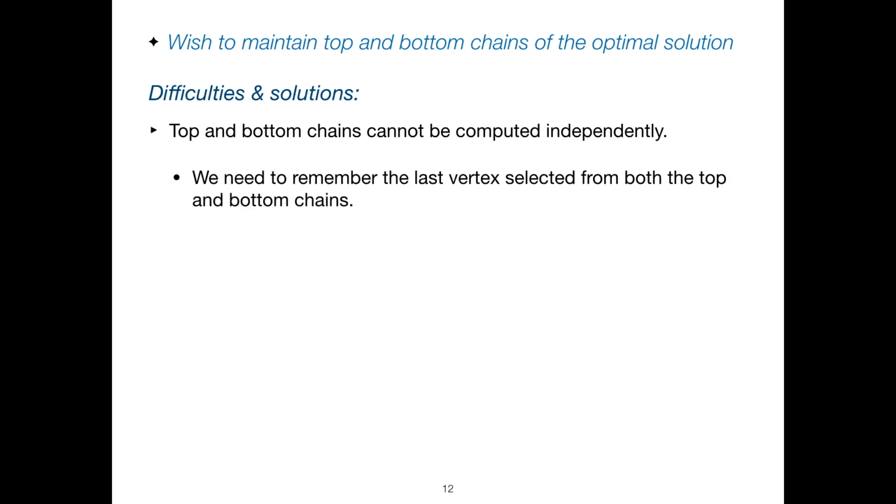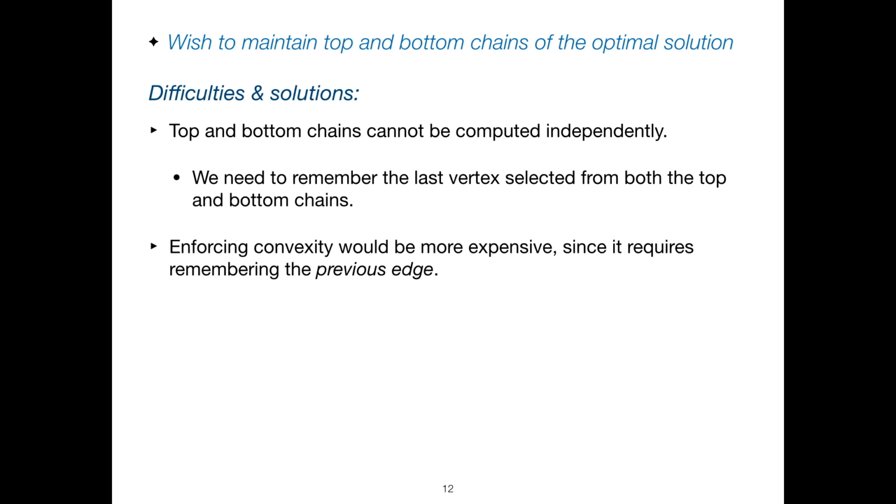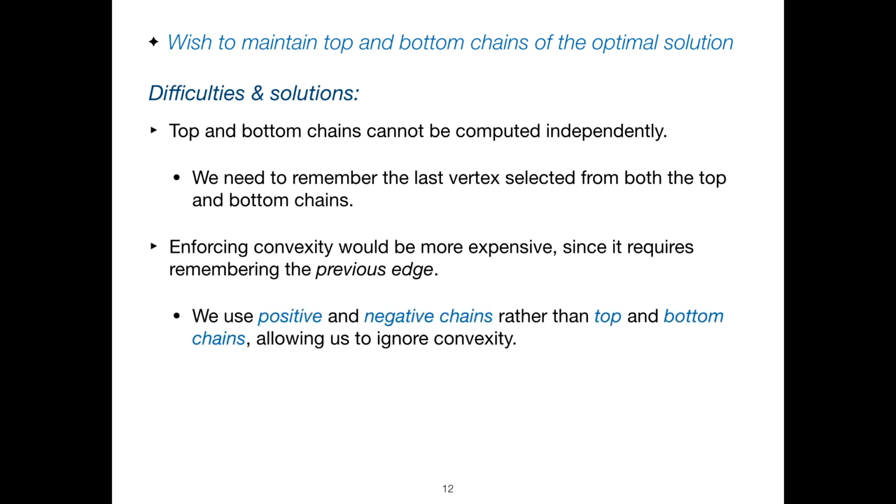Therefore, we need to remember the last vertex selected from both the top and bottom chains. However, enforcing convexity would be more expensive, since it requires remembering the previous edge. This is why in the lemma we use positive and negative chains rather than top and bottom chains. This allows us to ignore convexity, which leads to a faster algorithm.